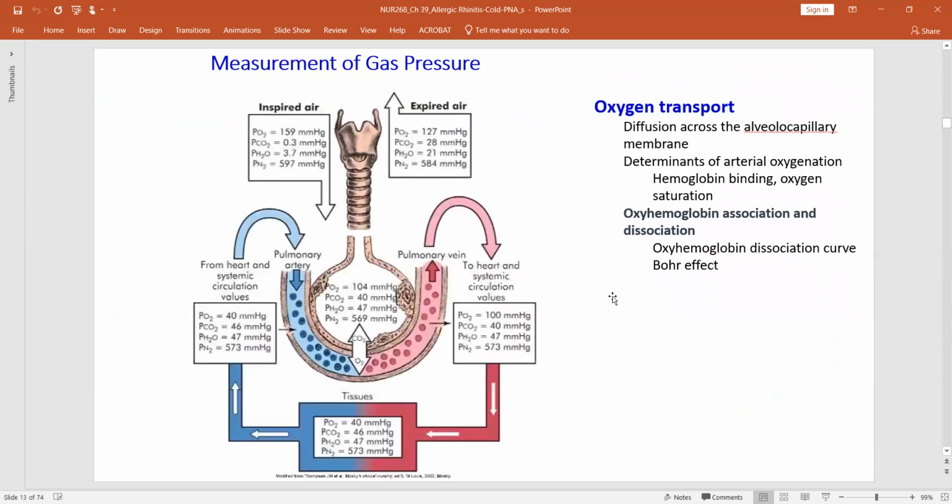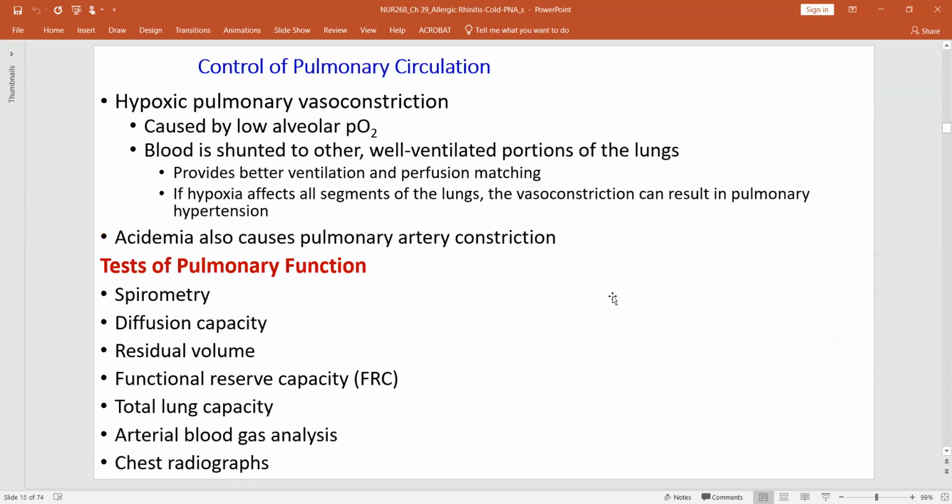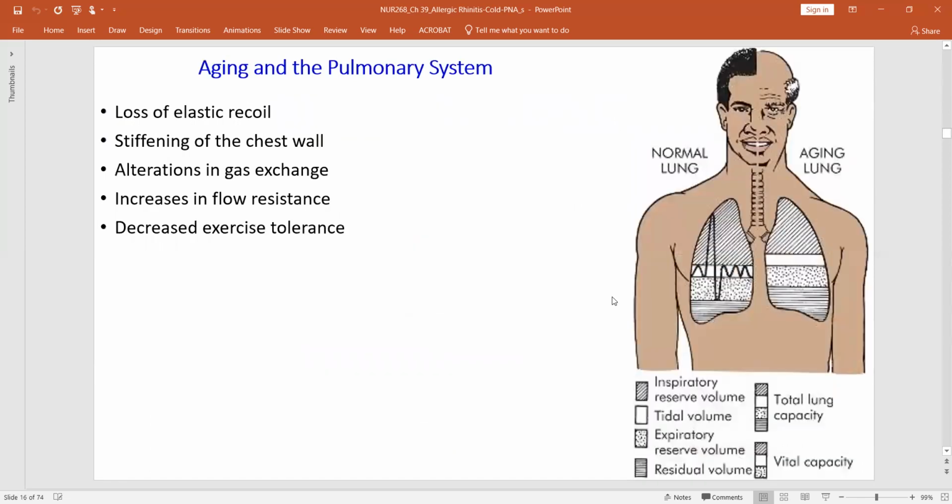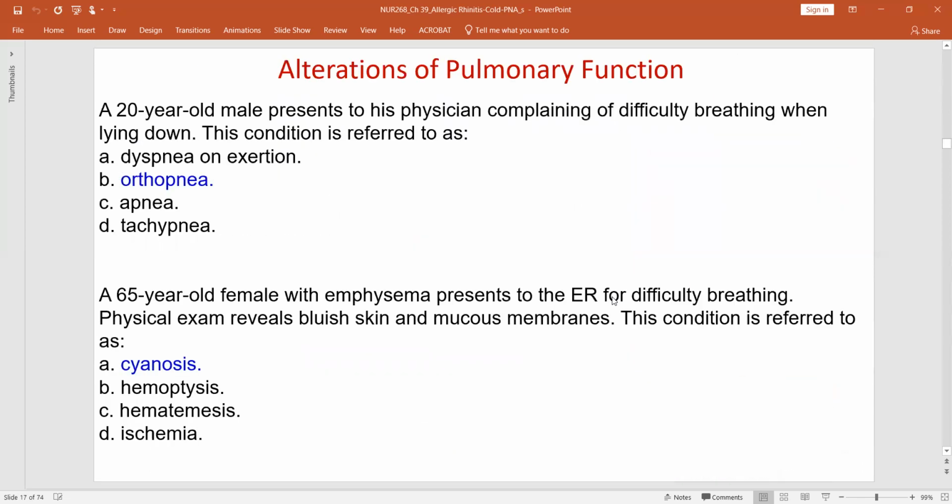So let's start with these two questions, which are like definitions. The first one is the definition of orthopnea. And the second question is defining what cyanosis is.